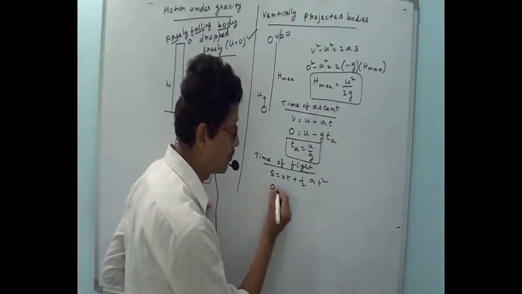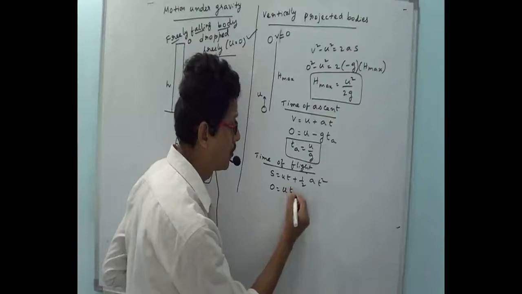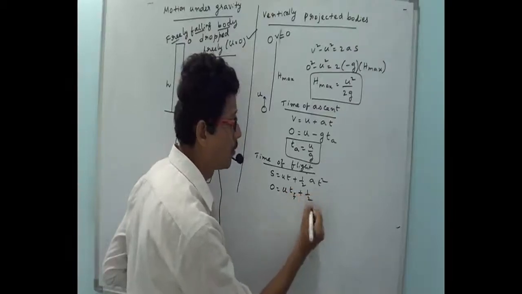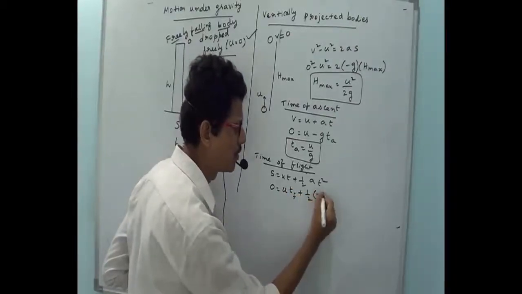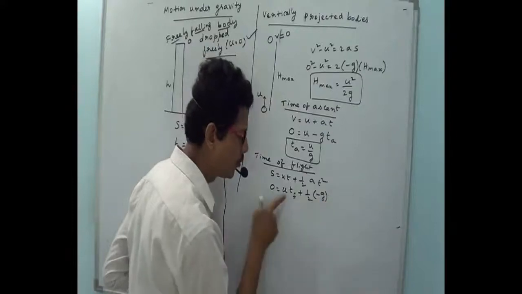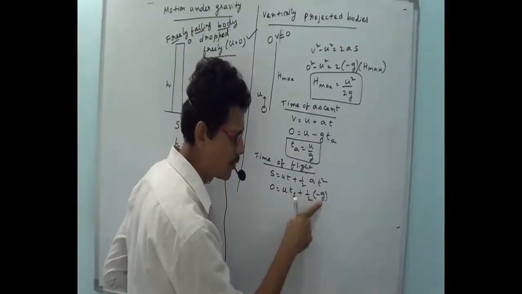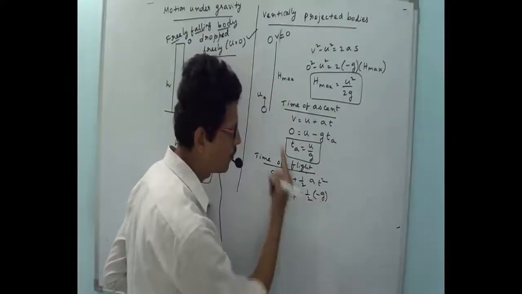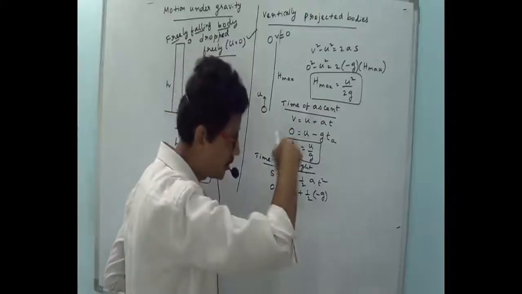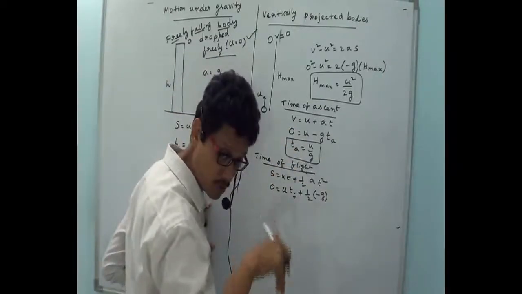So displacement is 0. What is the acceleration? Minus g, na? If you are taking positive, acceleration you have to take negative. U is upwards, na? And g is downwards. g is always downwards.